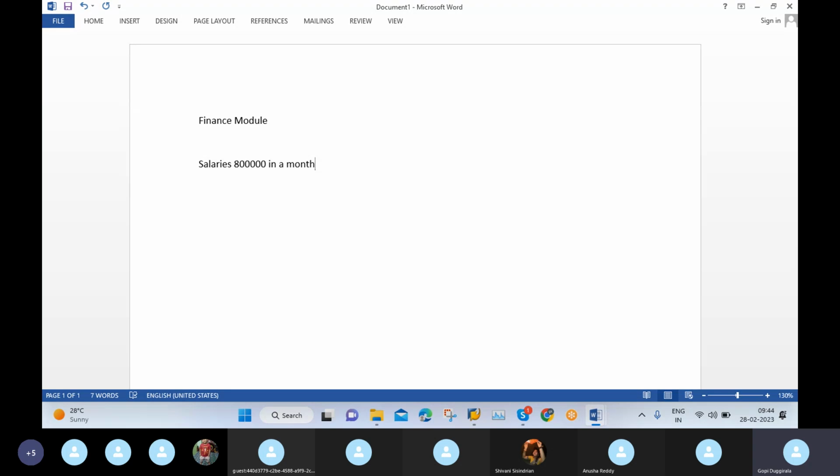This is my salary expense in my business. Is there any possibility to deduct the salaries every month from the finance module point of view? Is there any chance to control these 8 lakh salaries in the finance module?